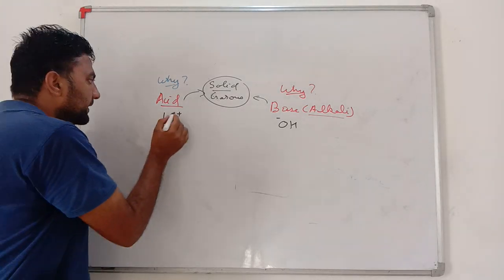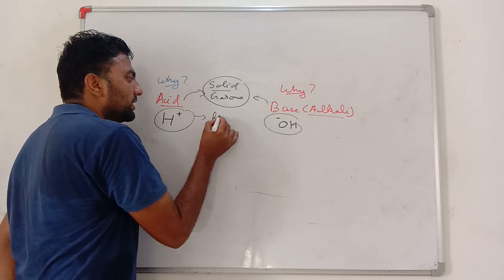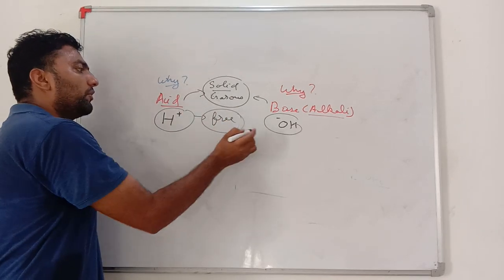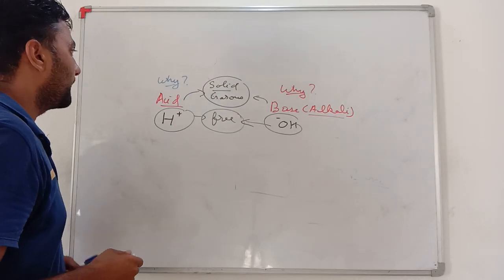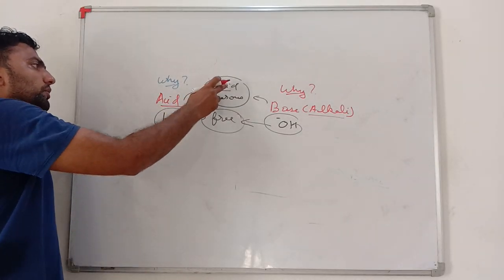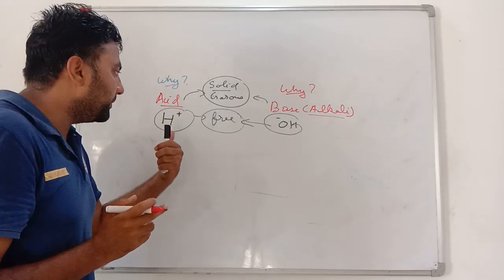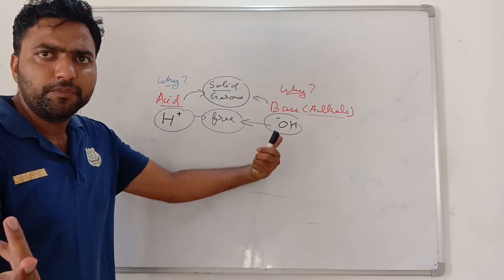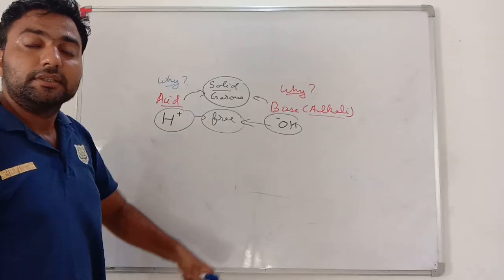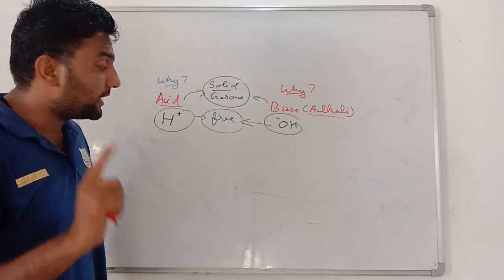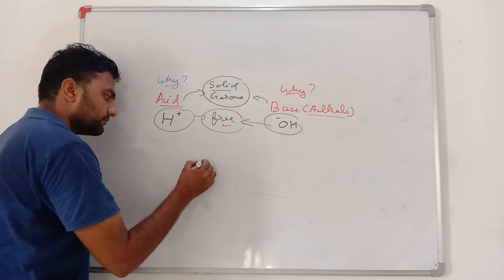Now very important thing is that these H plus ions and OH minus ions must be free, then only they will show their nature. Let's take an example how. See, in solids, you know, ions or particles cannot change their position. It means H plus or OH minus are not free. Very important, to show whether anything is acidic or basic, the acid or base must have ions, but that also free. Let's take an example.